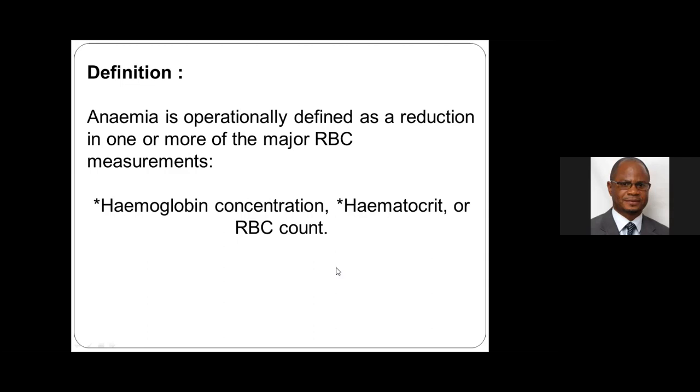But for example, you can have macrocytes, and the red cell count will be low, but hemoglobin may be normal. And in that situation, you still can determine that anemia exists. The hemoglobin is normal because there's enough of it in the few cells that are existing.